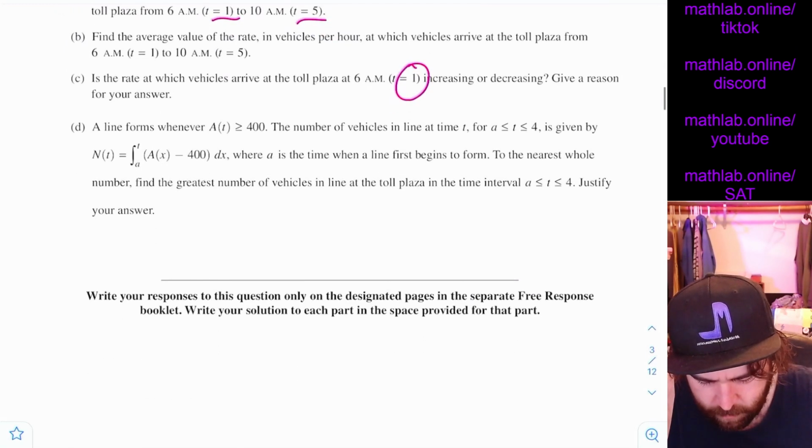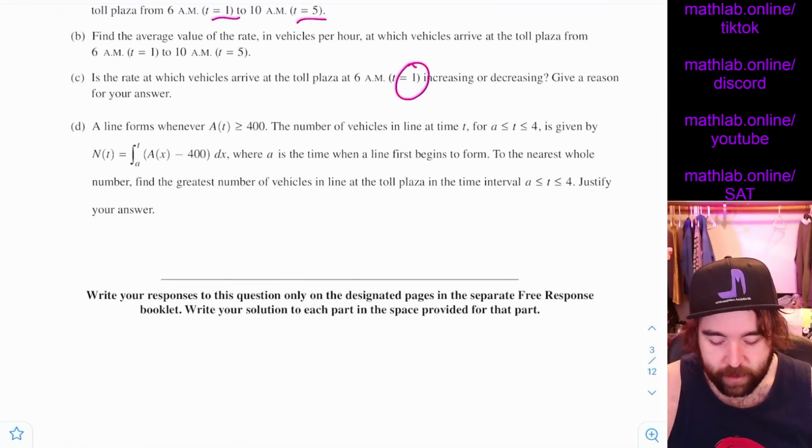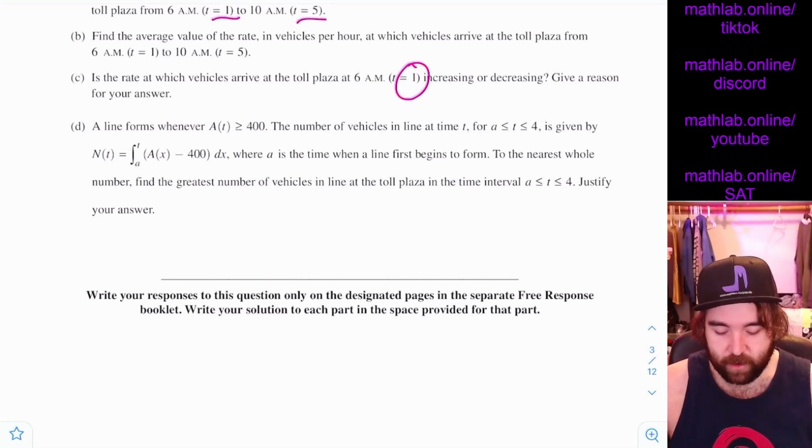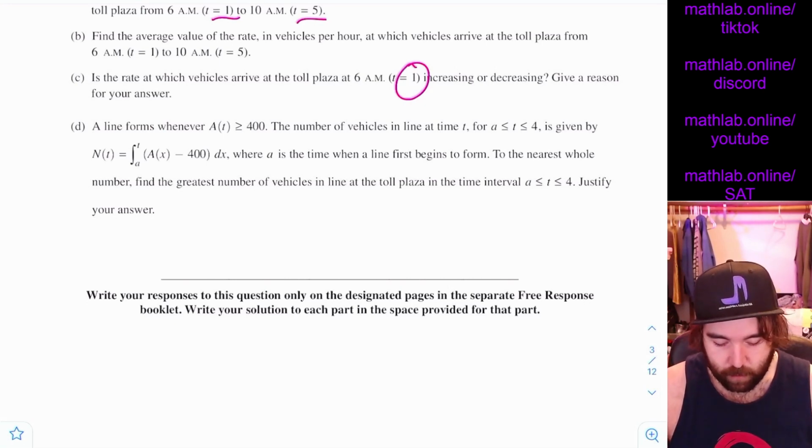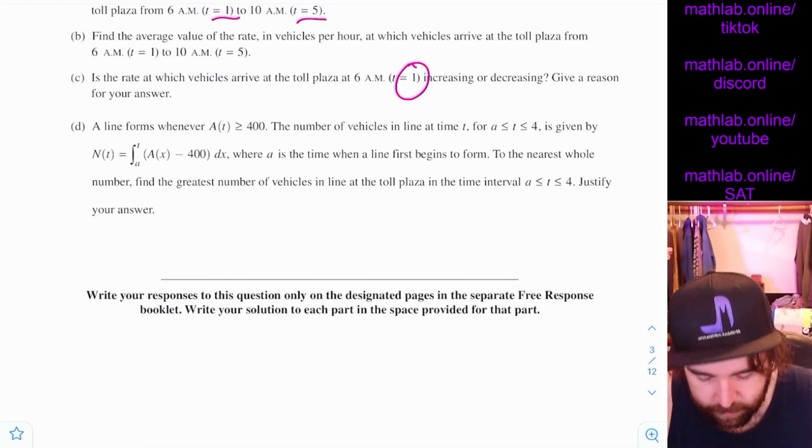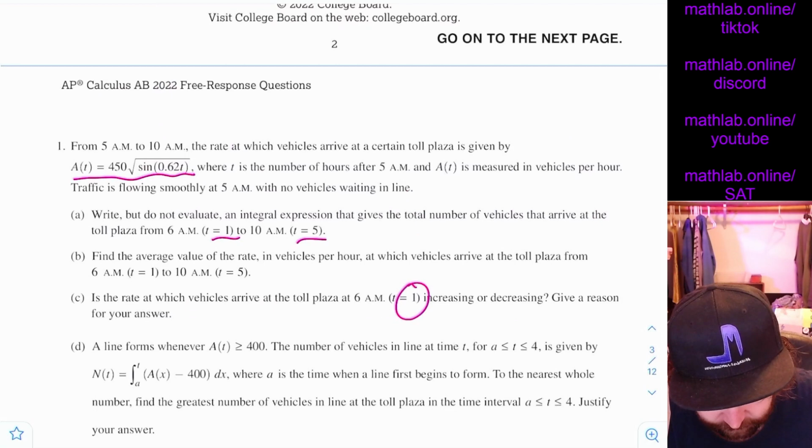Okay. A line forms whenever A of t is greater than 400. Whenever the rate of people coming in is greater than 400. Well, then it will matter if we use radians or degrees.